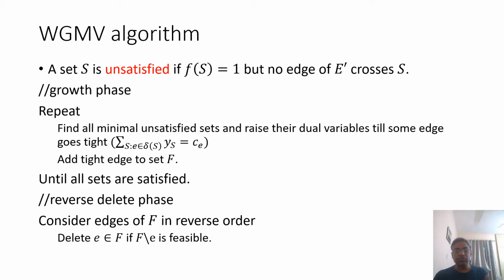And when you raise these dual variables, remember we have these packing constraints associated with the dual variables, so you can't raise them arbitrarily. Some edge will go tight, or some constraint will go tight, and then when some edge goes tight, we take that edge and we include it into set F.